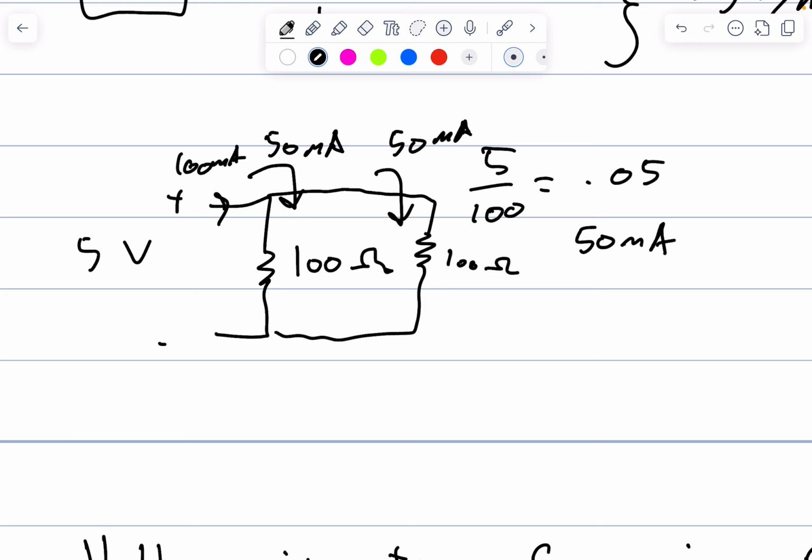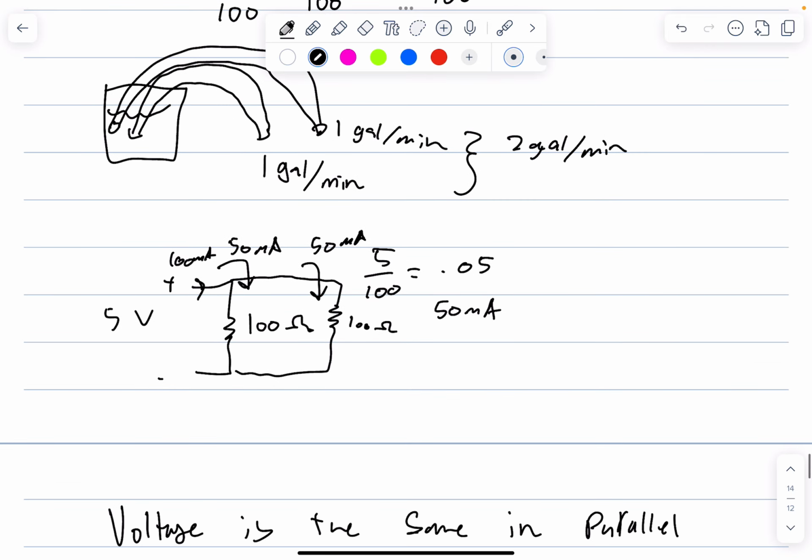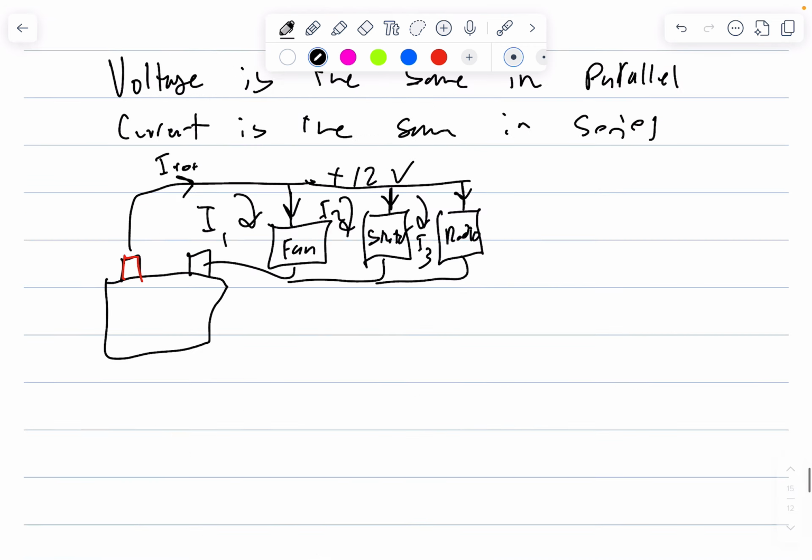So it's as if instead of having a 100 ohm resistor, you put in just a single 50 ohm resistor, right? That's what equivalent resistance means, right? You have some resistance, and you're finding what that equivalent is, right? You're trying to replace a network of resistors with a single resistor.